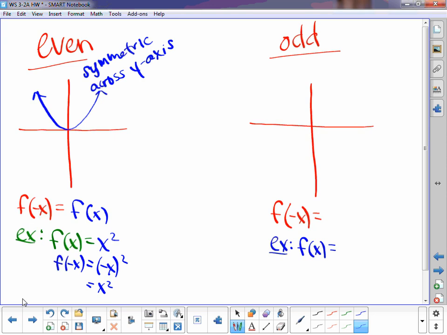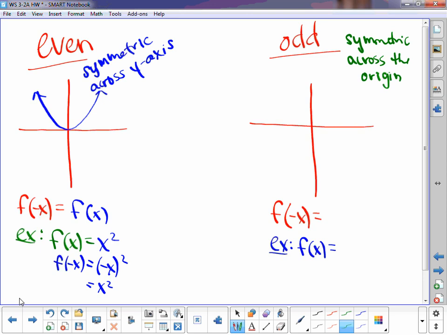Alright, now let's take a look at odd. What does it mean for a function to be odd? Symmetric across the origin. What does that mean to be symmetric across the origin? If you flip it upside down, but also like that.